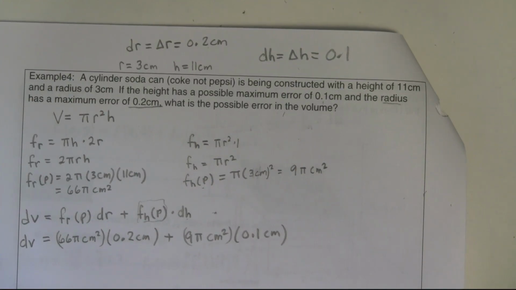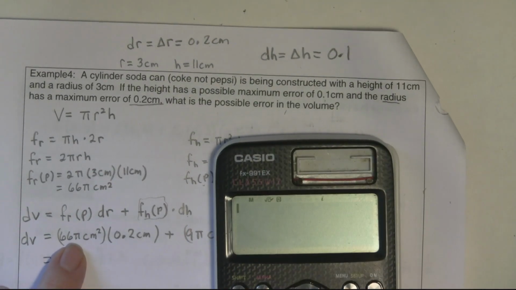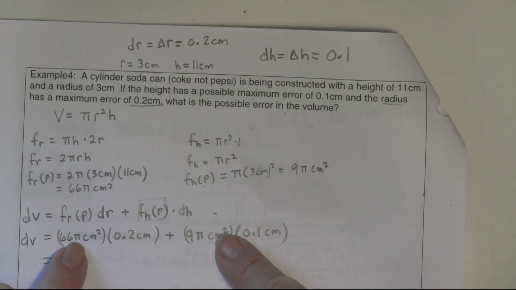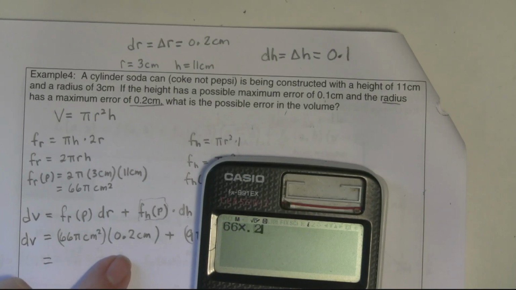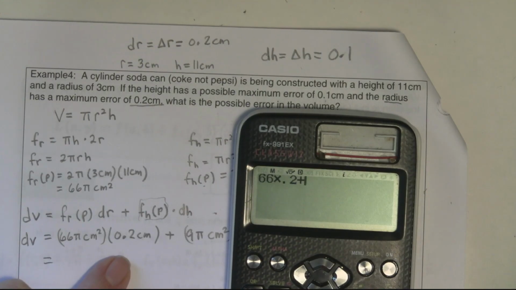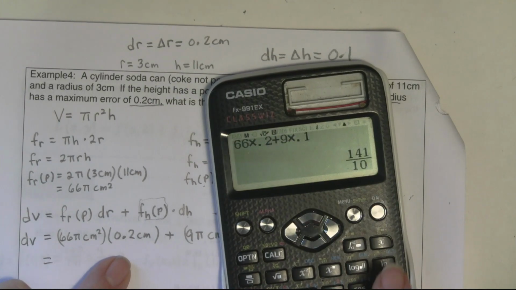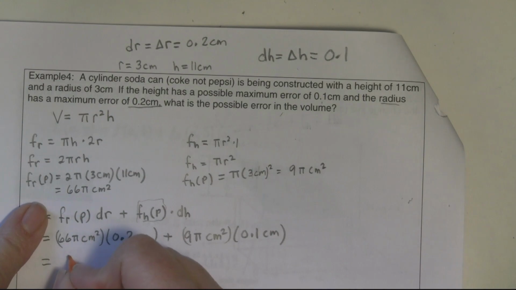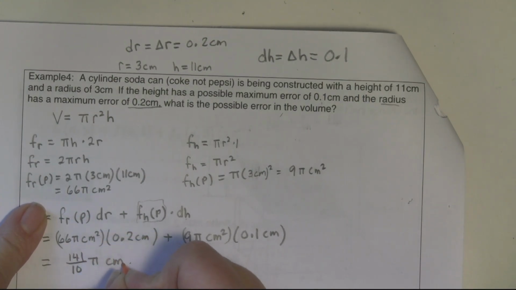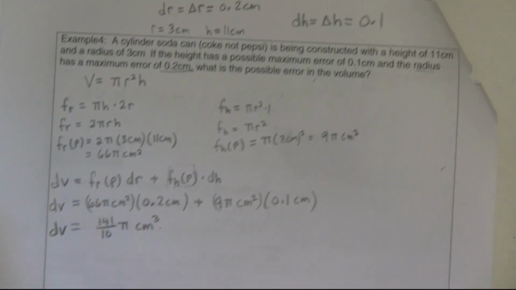And so when the dust clears here, I'm not going to put the pi in because there's pi on both of them, but 66 times 0.2 plus 9 times 0.1 is 141 over 10 pi centimeters cubed.